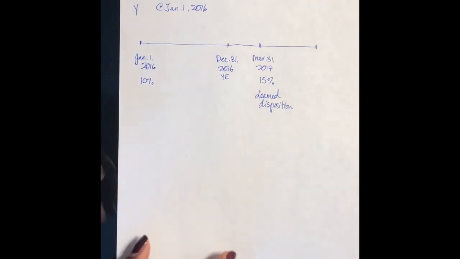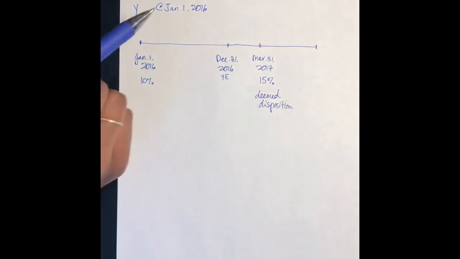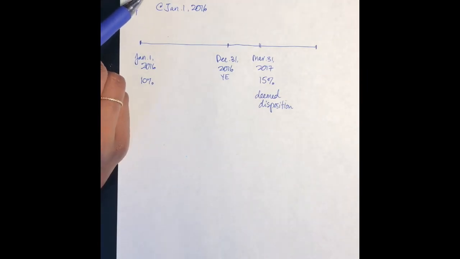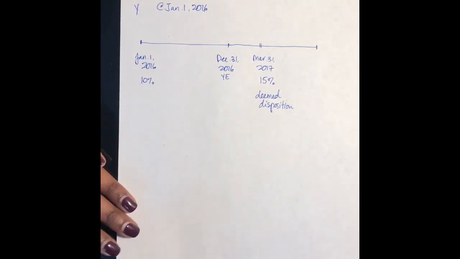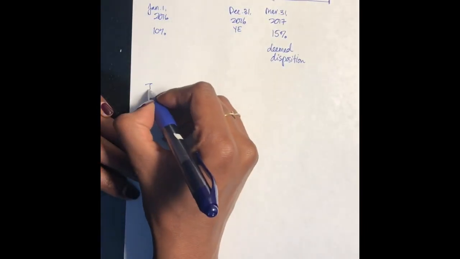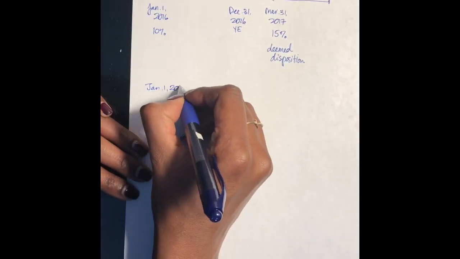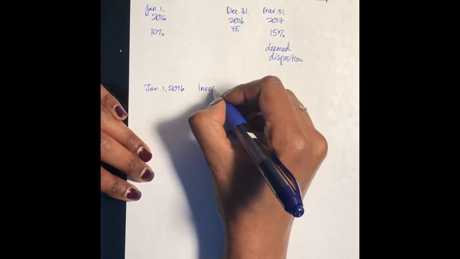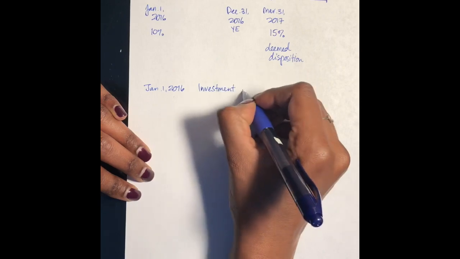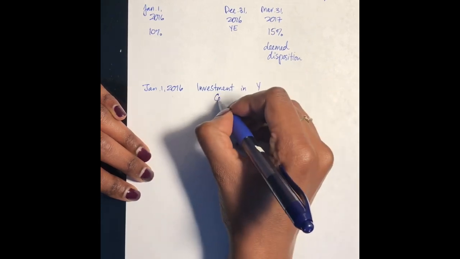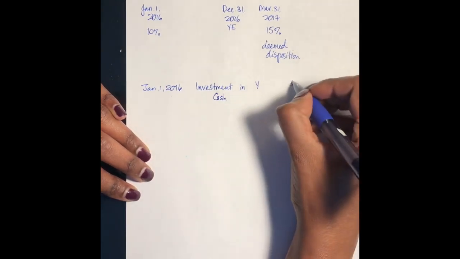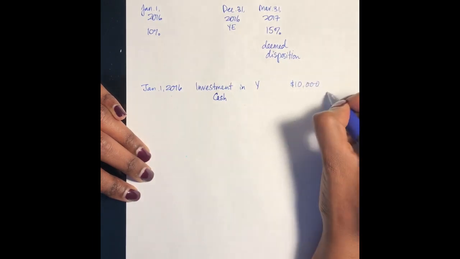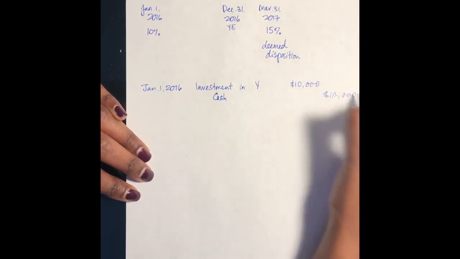So let's start very simply. We know at January 1st, they acquire this, it's $10,000. So let's book the acquisition entry. At January 1st, 2016, you have your investment that you're acquiring. So you have debit investment in company Y, and you paid cash. So that's debit 10,000, credit 10,000.